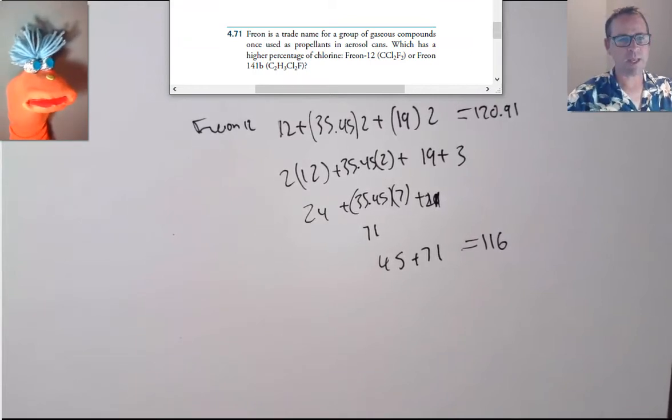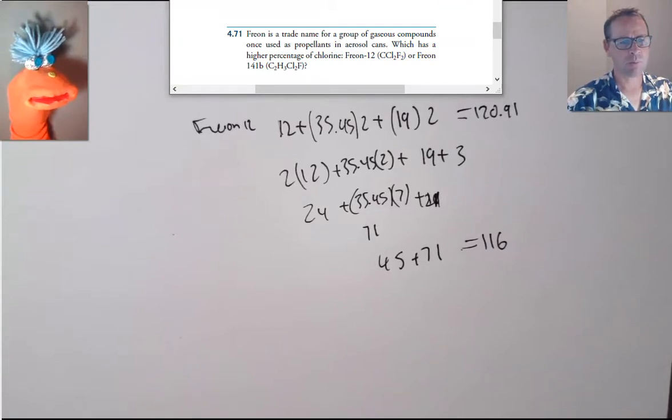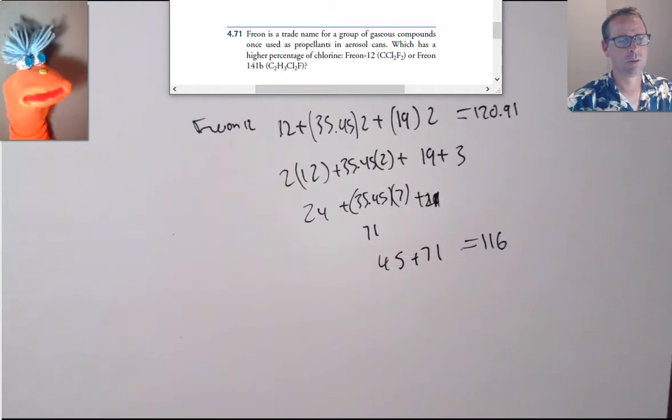All right. Well, then we didn't suspect this, did we? Because we said that we thought the top one would have the higher percentage, but because the top one has a higher mass, why does it have a higher mass? Because you're trading in a carbon and 3 hydrogens on the bottom for a fluorine.